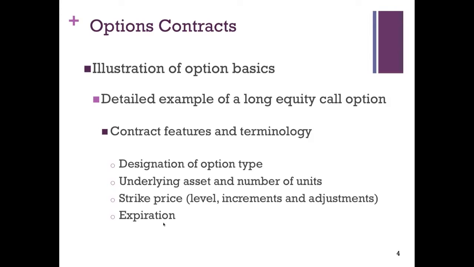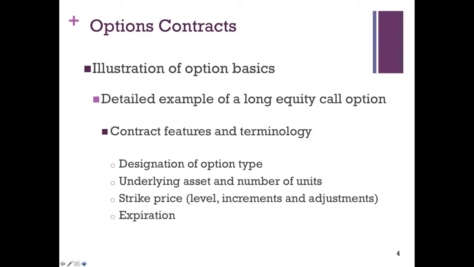That is, they will cease to exist at some point in time. And it's not like a bond where at maturity the bond is worth its par value. Options are worth nothing at expiration if they're out of the money. If they're in the money, they're worth, well, what's known as the intrinsic value, and that's a term we'll have to define in some detail going forward.